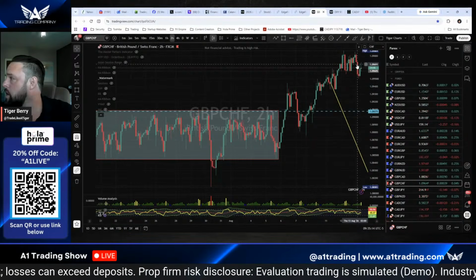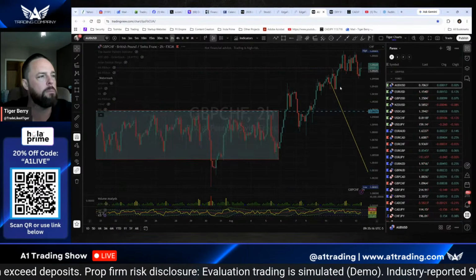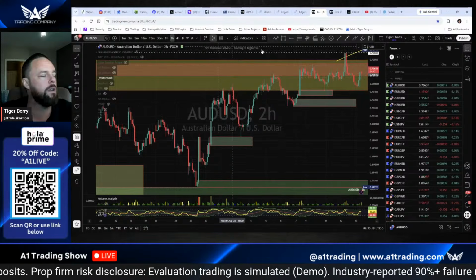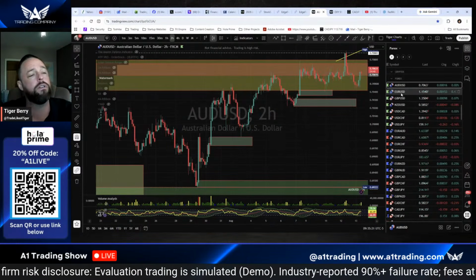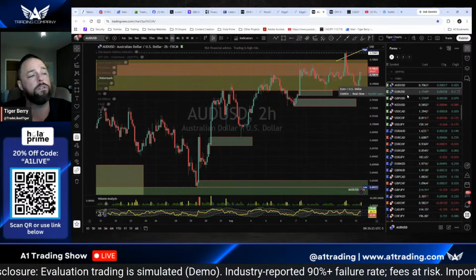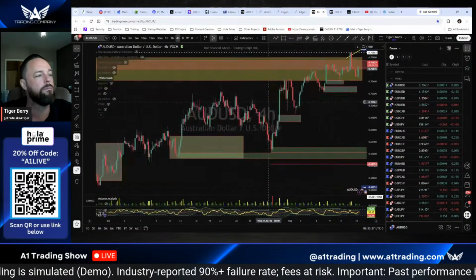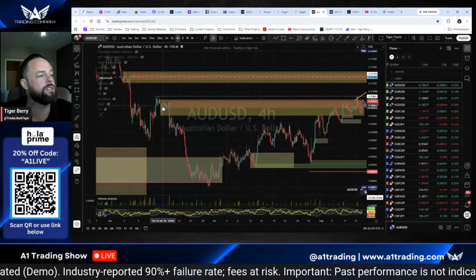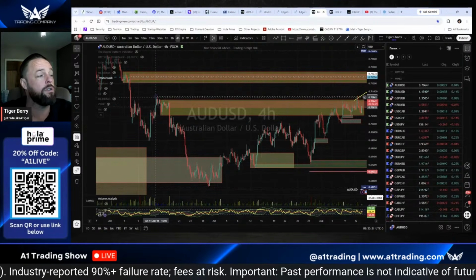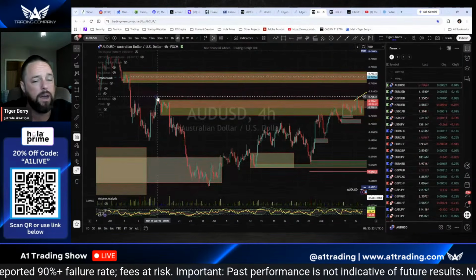I think you asked about Aussie dollar. Let's go look at the majors for you guys. Aussie dollar, unlike some of these other dollar quote pairs, has actually broken and closed above the overhead supply. I was keeping an eye on this daily 4-hour. We also just barely went through that swing high right there.